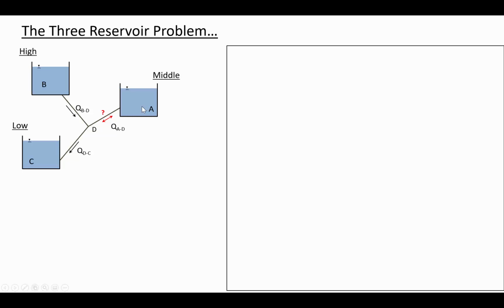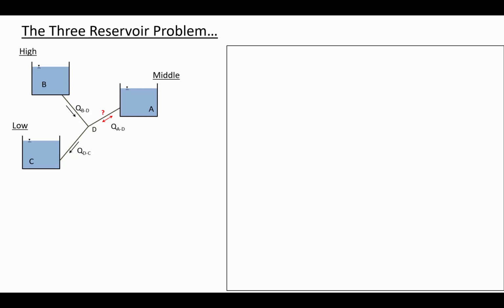Or it's also possible that the water from this middle reservoir A is feeding into the lowest reservoir C. And so we have to go through some calculations to find out what direction the flow is for the middle reservoir. And because of that uncertainty, we also don't know right at the outset what are the flow rates through all three of these pipes.